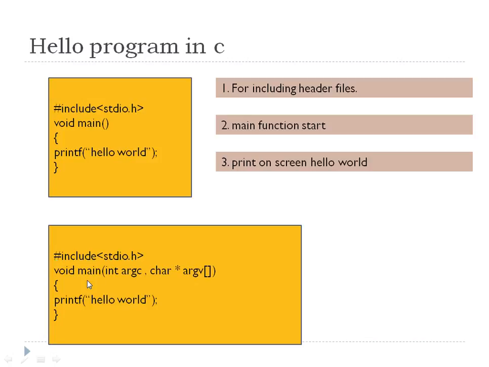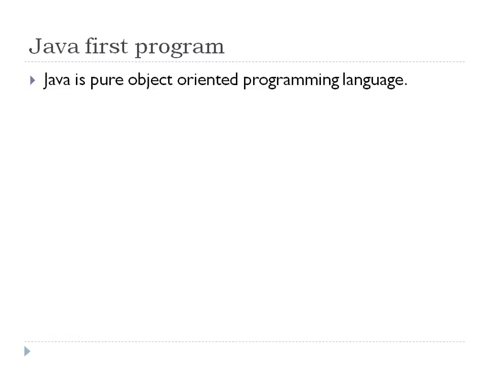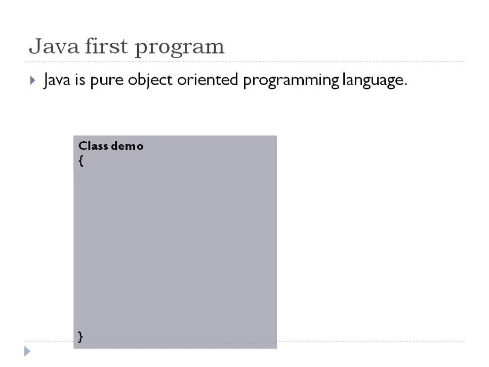Now if we see the program structure in Java, Java is a pure object-oriented programming language. It means everything in Java needs to be written inside a class. So if we need to write a main function, that function also needs to be written in a class. So first we write a class demo, and inside this class we will write our main method.